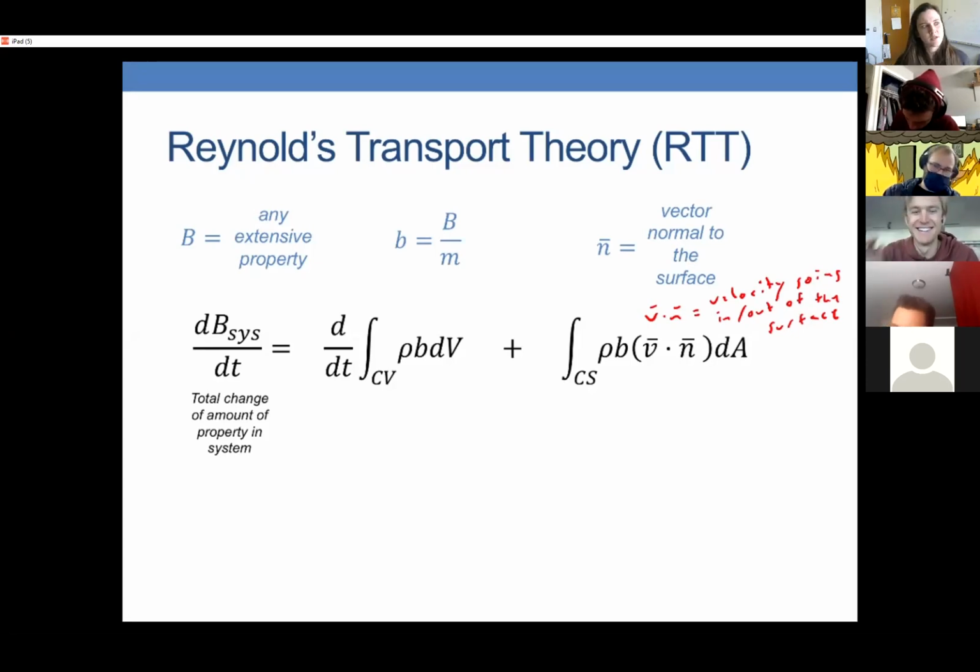Okay, so you have a total amount of something, let's say energy. So let's say you have some reaction and there's 1,000 joules of energy, and the reaction happens and you get another 1,000 joules of energy per time. What is that? Is that generation or accumulation?